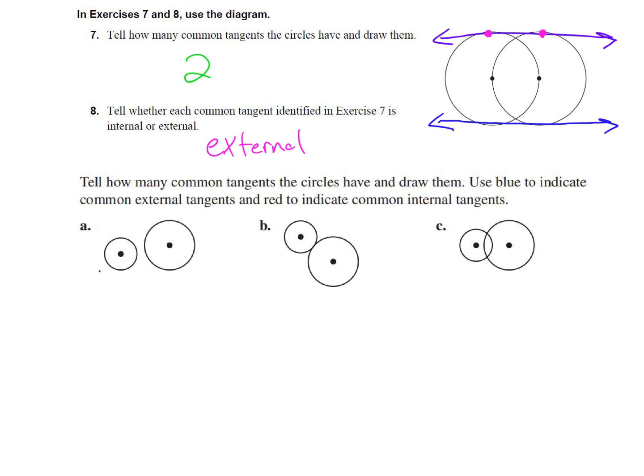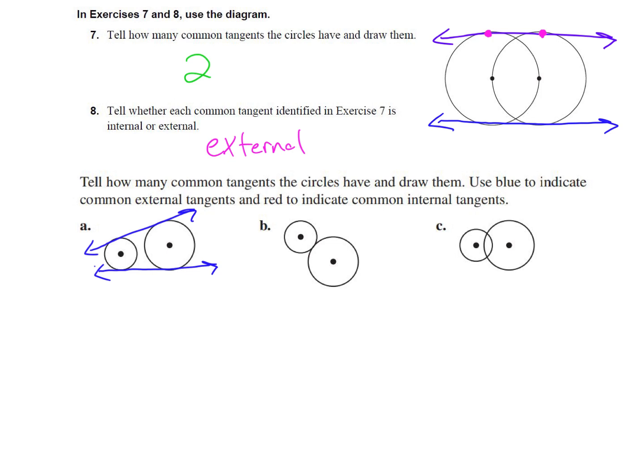Okay, so I heard the bottom. So we can go right there. There's one external tangent. Is there anywhere else I can put an external? The top. Diagonal between them. For an external? What about internal?